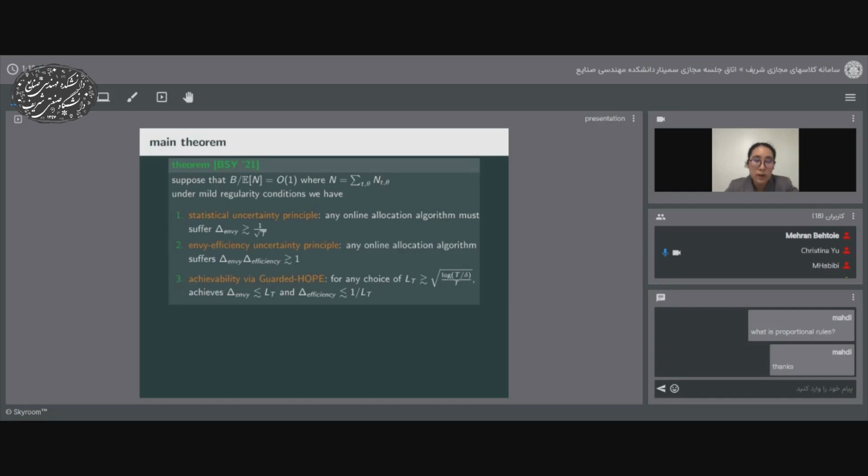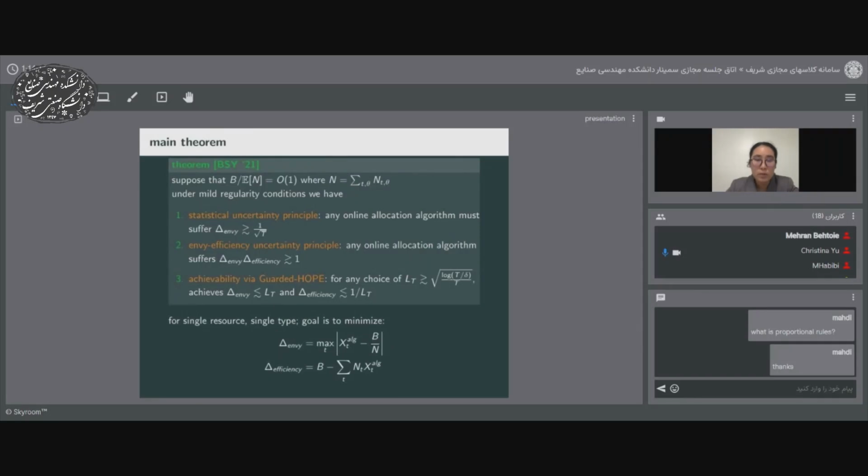So for any value of LT, think of it as a parameter, meaning a budget on the amount of delta NV we're willing to incur. For any choice of LT that's greater than roughly 1 over root t, our algorithm achieves, with probability 1 minus delta, a delta NV less than or equal to LT, and a delta efficiency which is inversely proportional, 1 over LT.